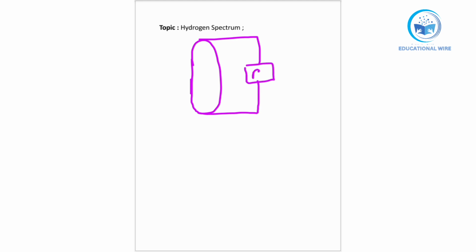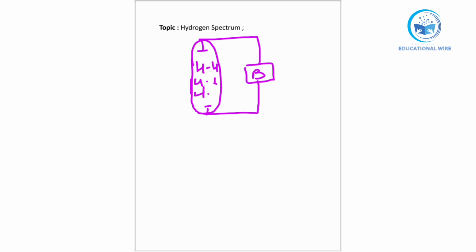For that we will take a discharge tube, that is also called the Crookes tube. So let's suppose that this is a discharge tube, or you can say Crookes tube, and it's attached with a battery. This one we are having in different amounts of hydrogen.